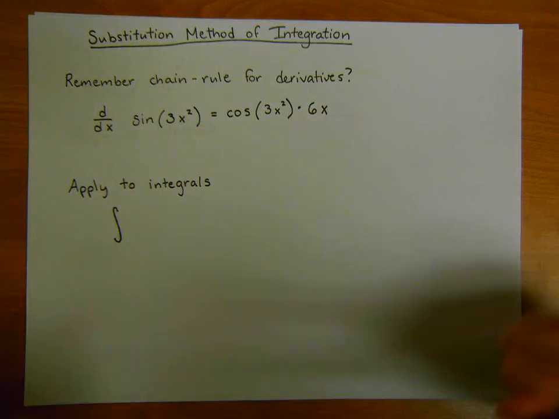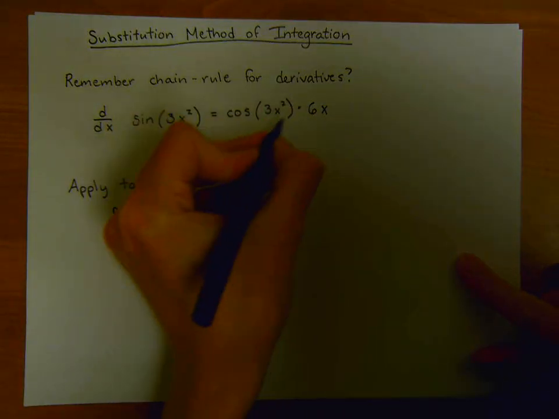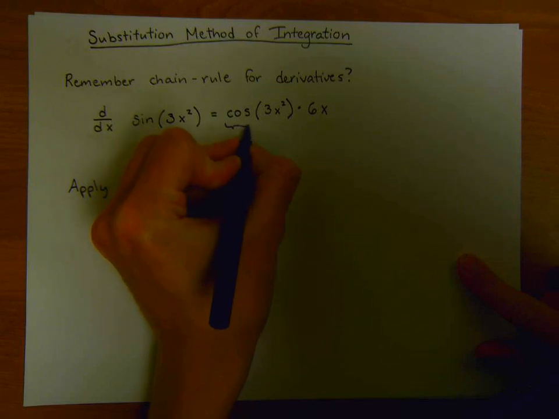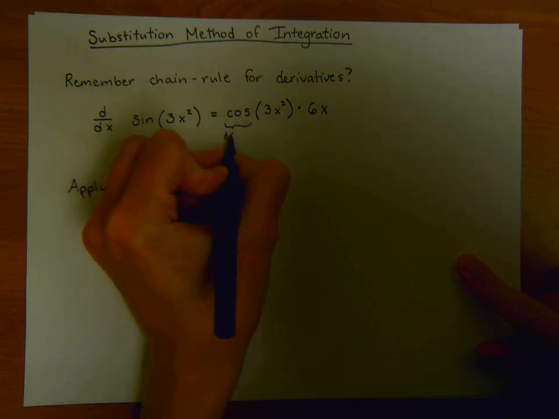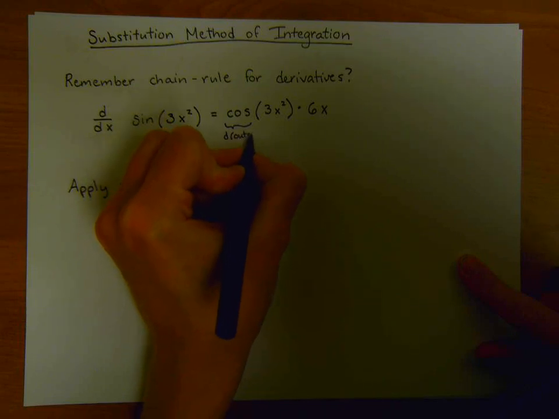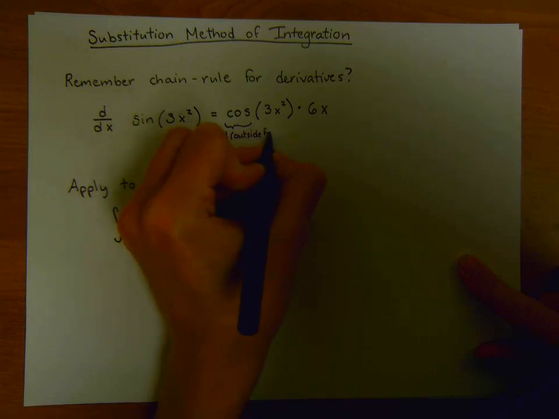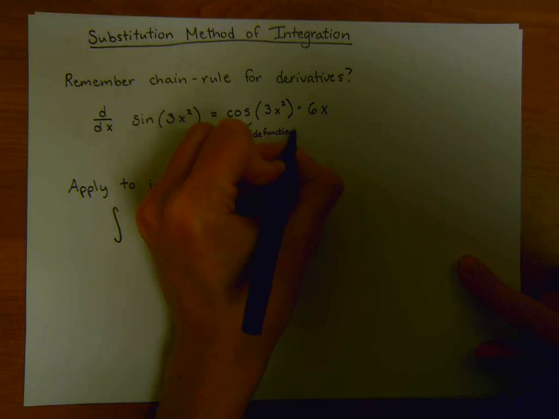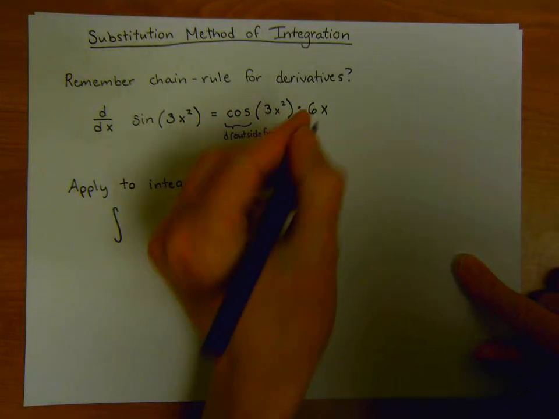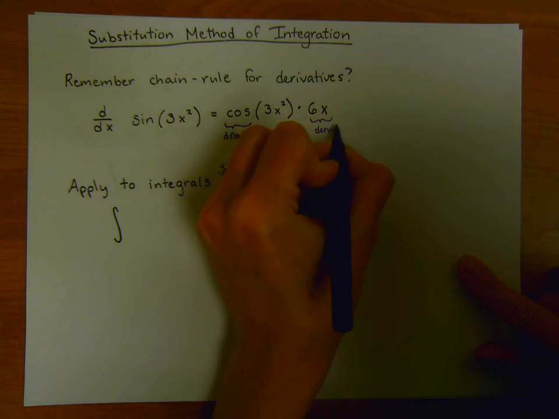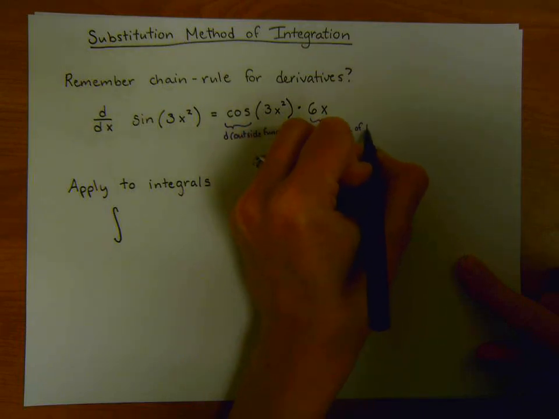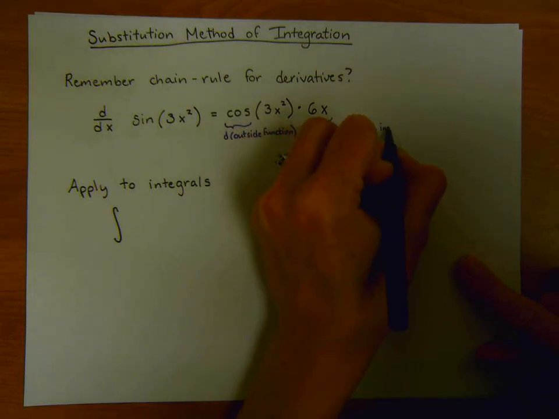So recall, this is the derivative of the outside function, and we have to evaluate that at the inside function, but we also have to multiply by the derivative of the inside function.